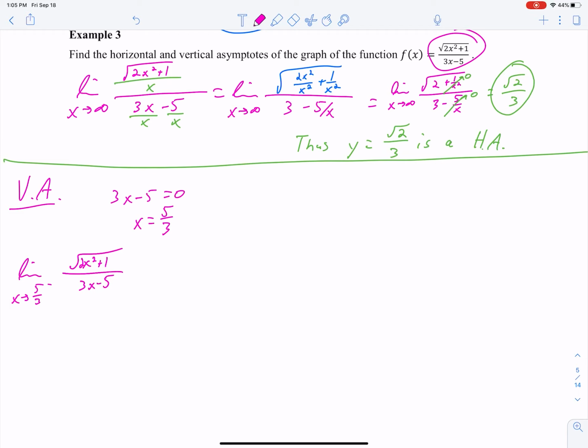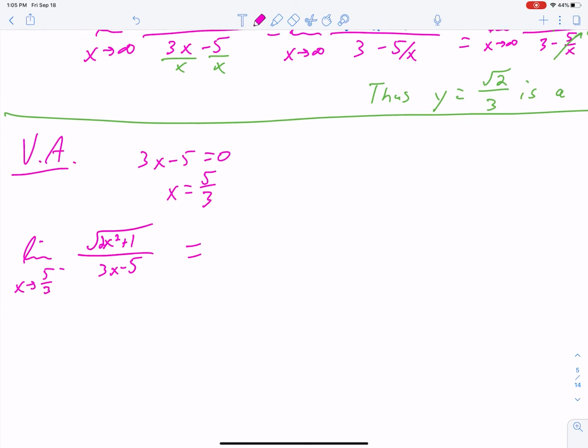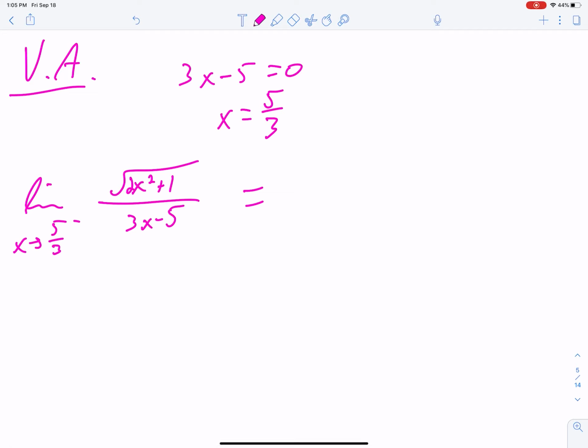We have to analyze this because it's not that easy to just look at. We can't plug in, because we do have a rational function, but 5/3 is not in the domain.